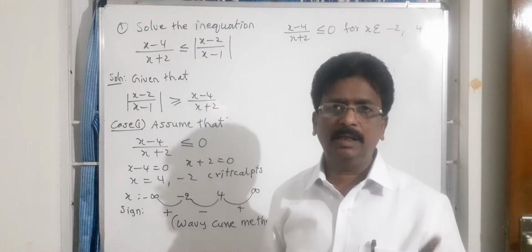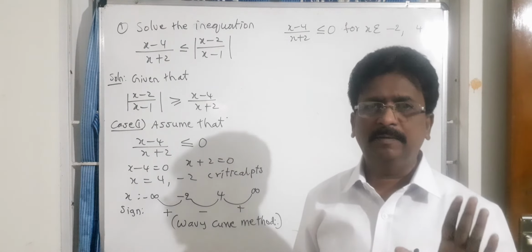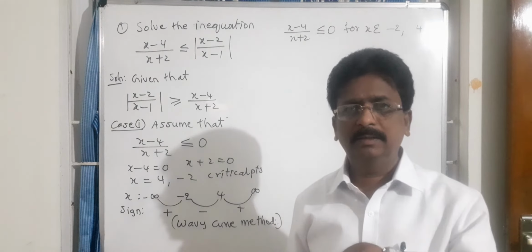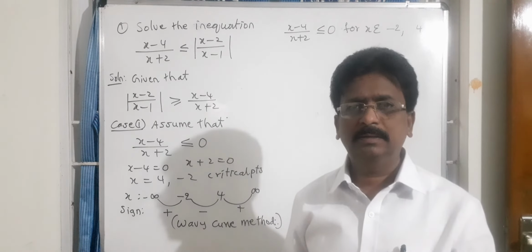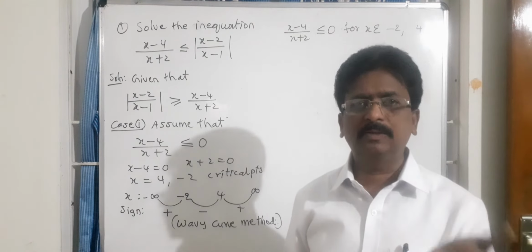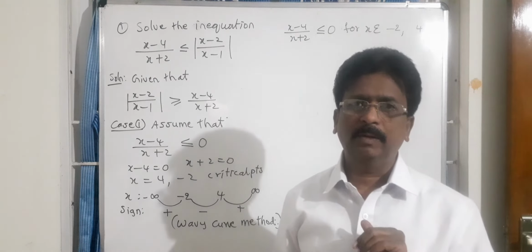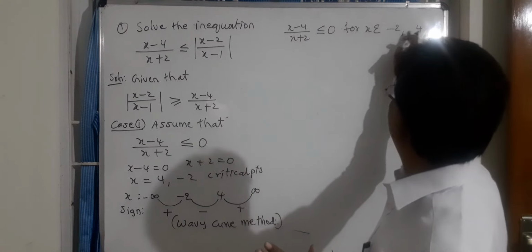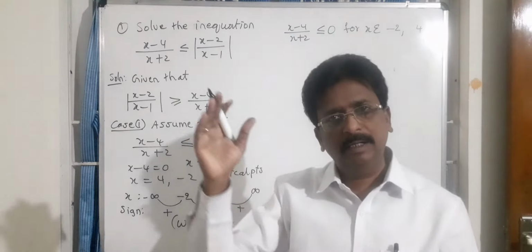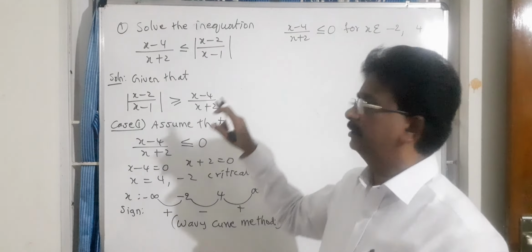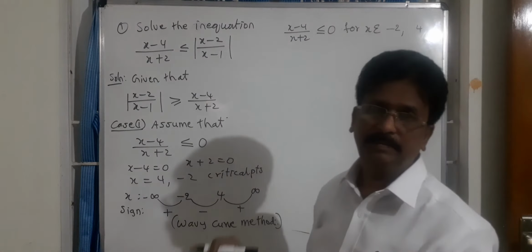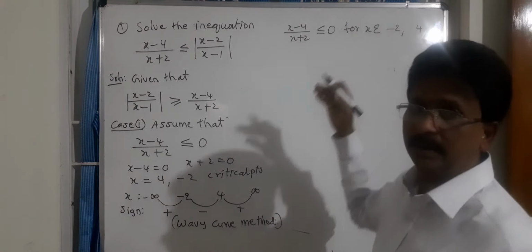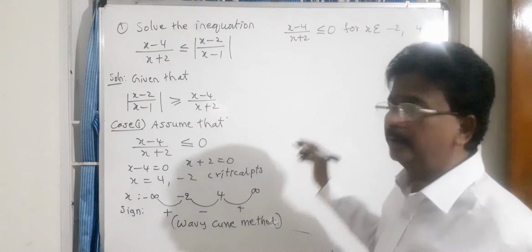Now here one question arises. For the values of x, should -2 be included, or should it not be included? Similarly, should 4 be included or not? If equality is there, the end numbers may be included. You can join them whenever equality also is given. Because equality is given, we can include 4 in our set of the values of x.